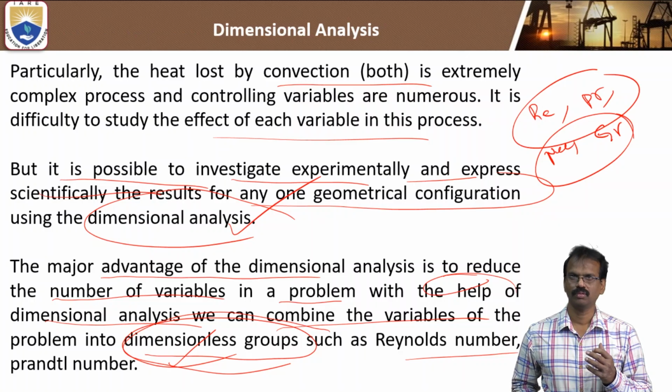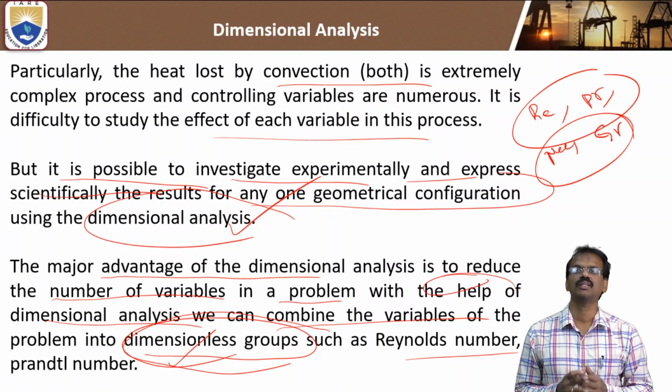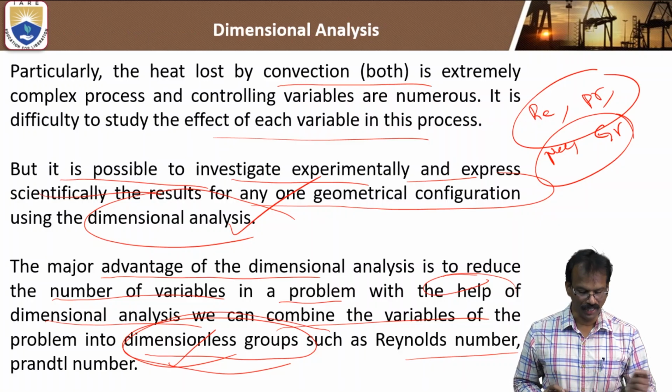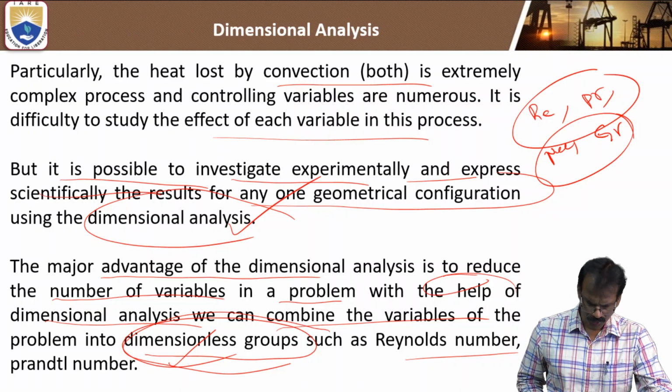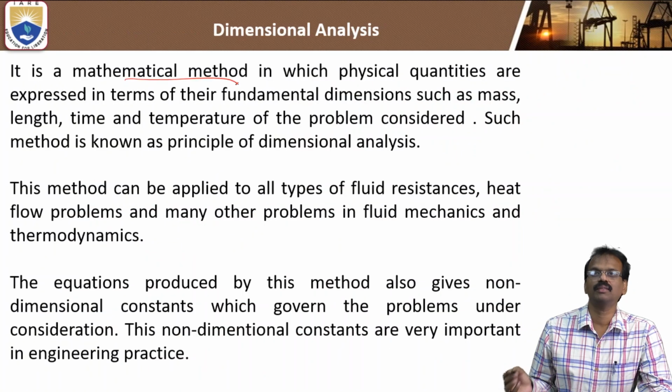So how to convert these variables into dimensionless numbers? We'll see what are the different methods used in dimensionless analysis to reduce the number of variables of the convection process into dimensionless groups like Reynolds number, Prandtl number, or Grashof number. It is a mathematical method.